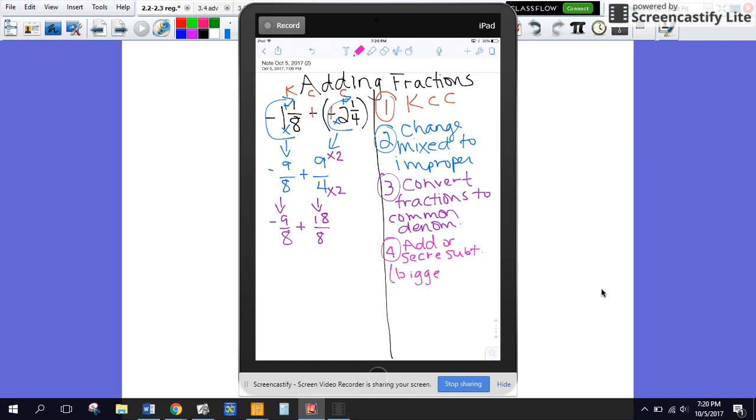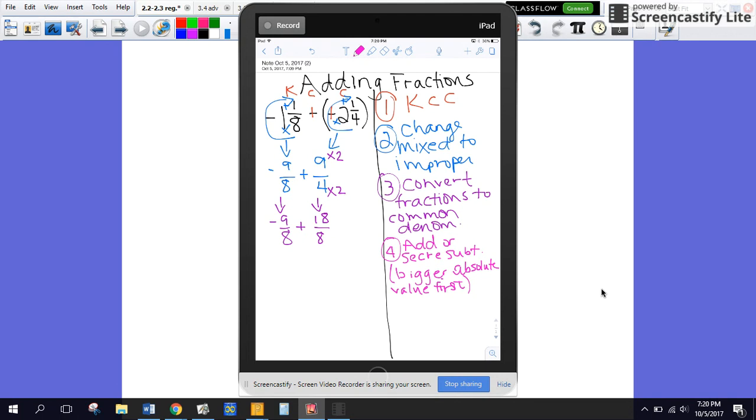Remember, when we subtract, the bigger number has to go first. Bigger absolute value first. If you're adding, then it doesn't really matter which one goes first. It's really the subtraction, which is when your bigger absolute value goes first.